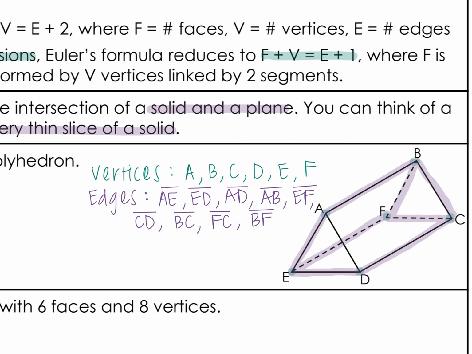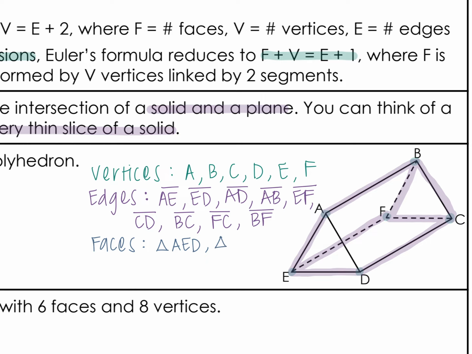All right. And lastly, we have our faces. Our faces are going to be the polygons that we see. Those are going to be the two triangles and then our three rectangles that we see here. For my triangles, I'm going to just draw a little triangle in front. I'll use the three vertices, so A, E, D to name it.